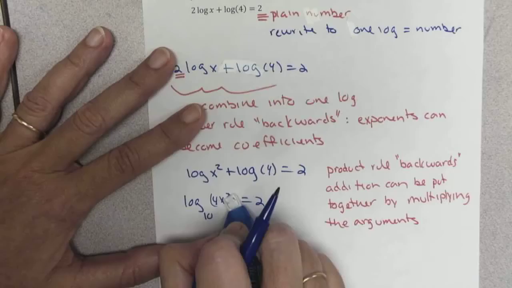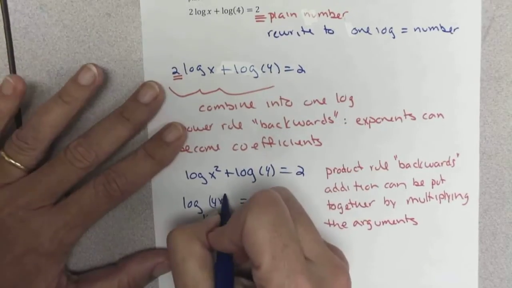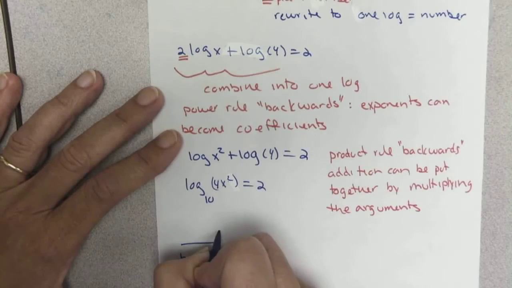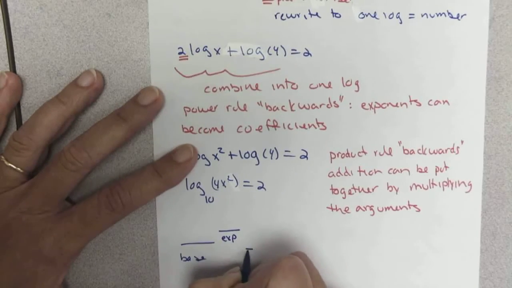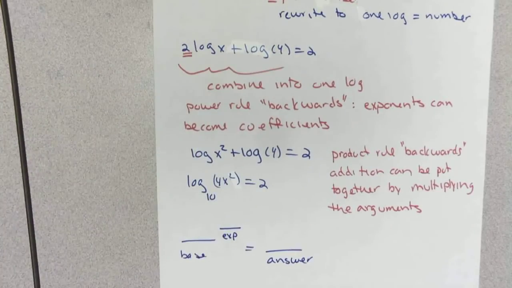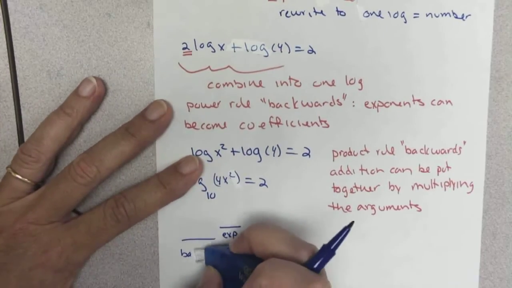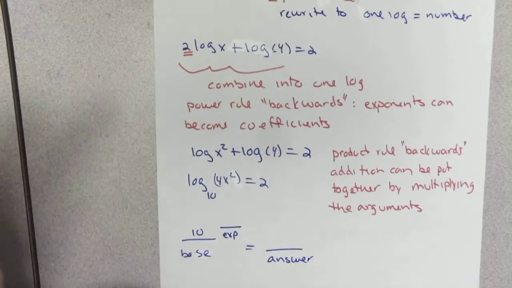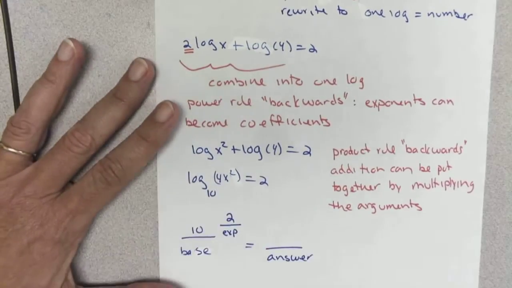Then I rewrite to exponential form. And that's the base raised to some sort of exponent equals an answer. Bases remain bases. So my base is 10. Logarithms equal exponents.